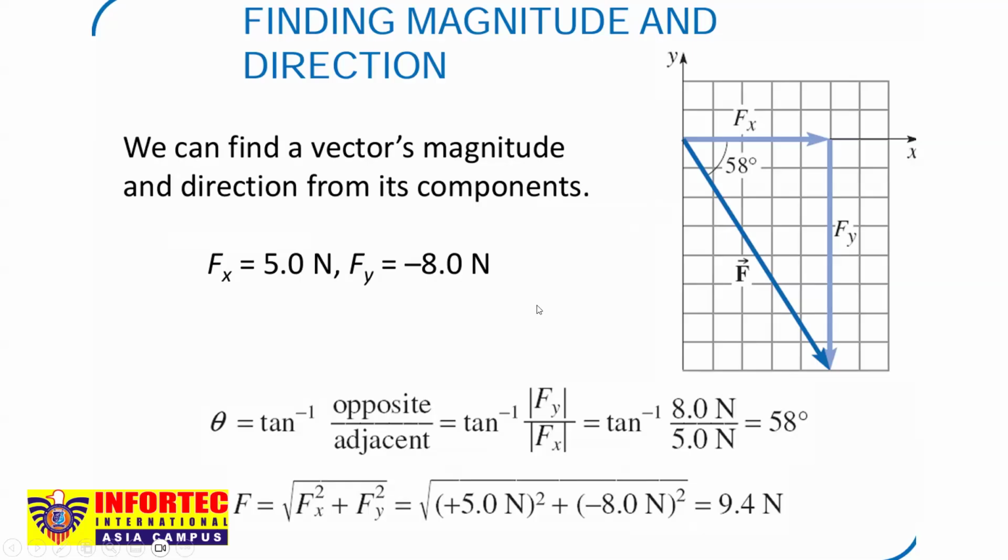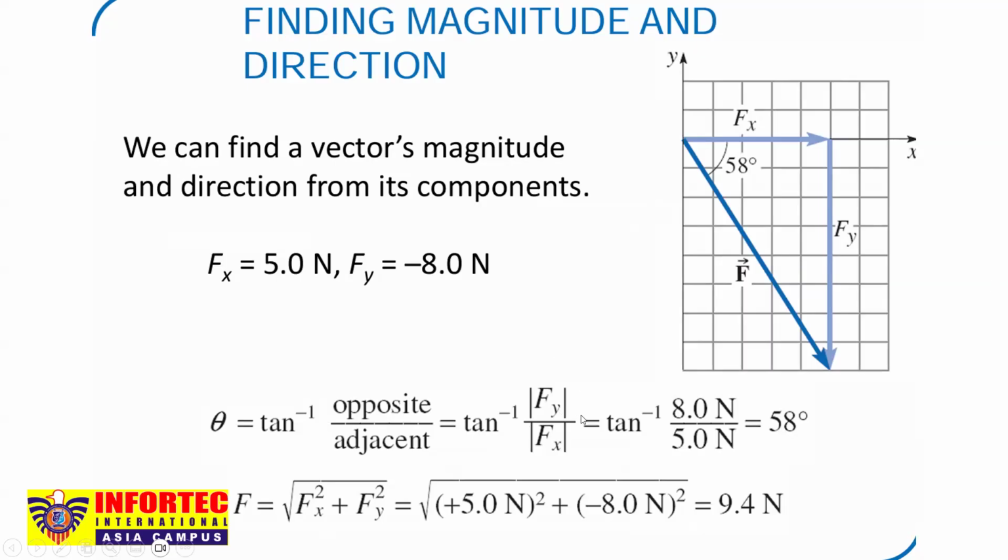Fx is equal to 5 newtons. Then we can write the theta value: theta is equal to tan inverse of Fy over Fx.